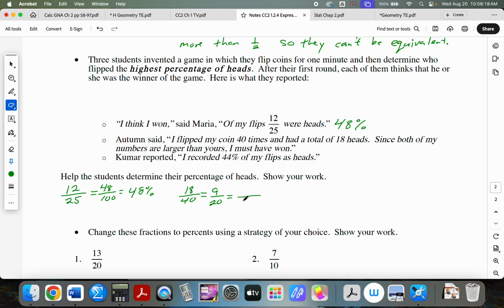It goes in 5 times. So that's, when I multiply, 45%. And Kumar got 44%. So they didn't ask, but who won? Maria won.